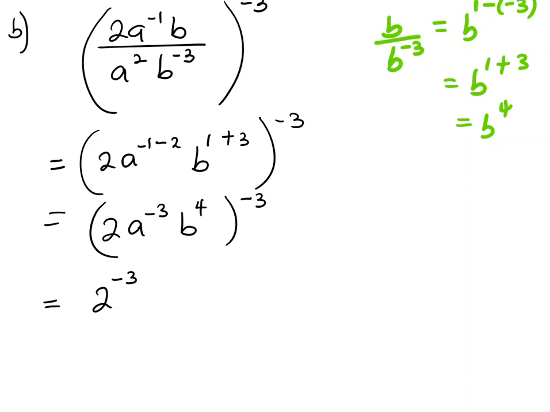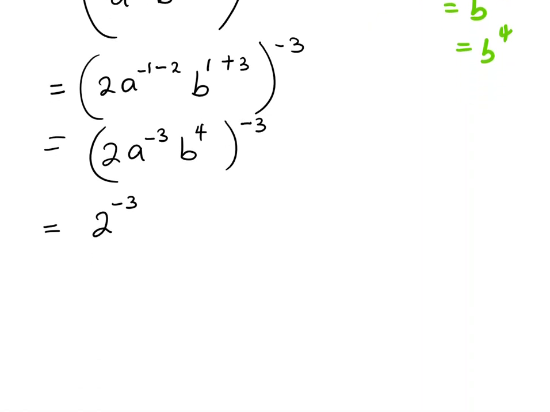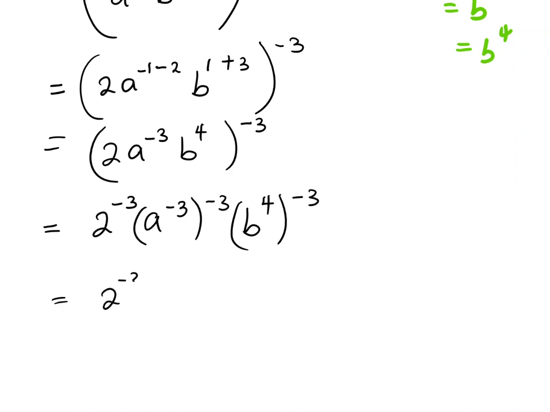Remember, you apply it to everything you have there. A raised to power -3 times -3, then b raised to power 4 times -3. So that is 2 raised to power -3, a raised to power, minus times minus is plus, 3 times 3 is 9. So b raised to power 4 times -3, that is -12.